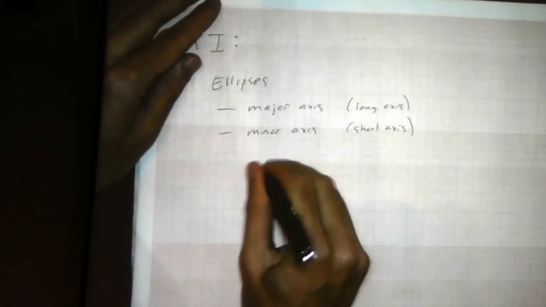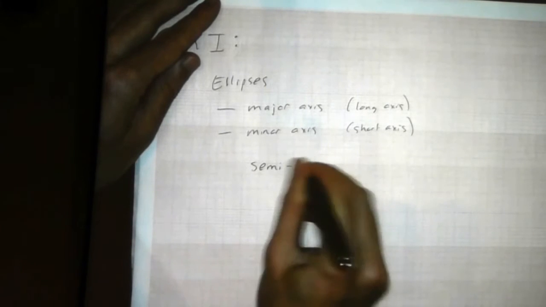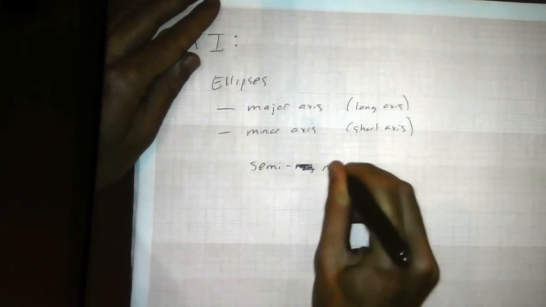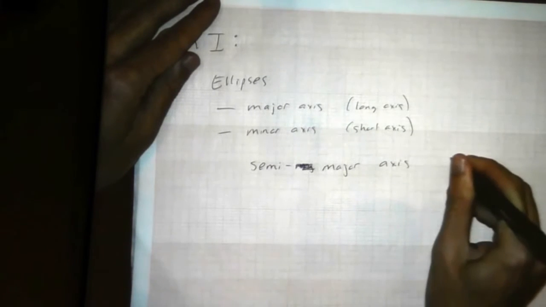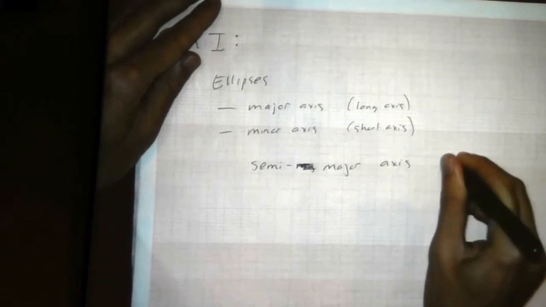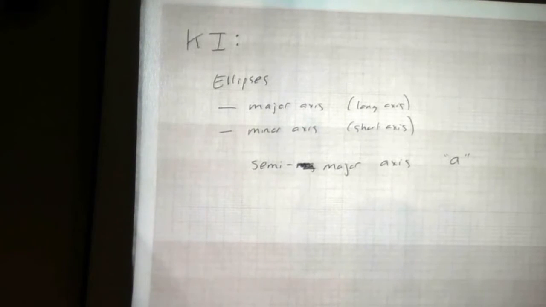Instead of saying half, we call it semi. So an important quantity that we'll keep referring to is the semi-major axis. M-A-J-O-R. Semi-major axis. And this is denoted a, just the lowercase a for axis. But it's referring to the semi-major axis that's half of the long axis.